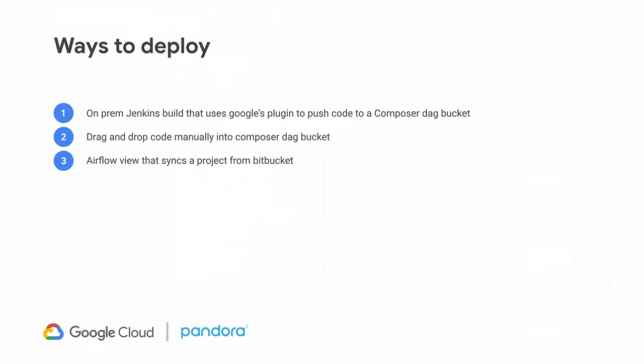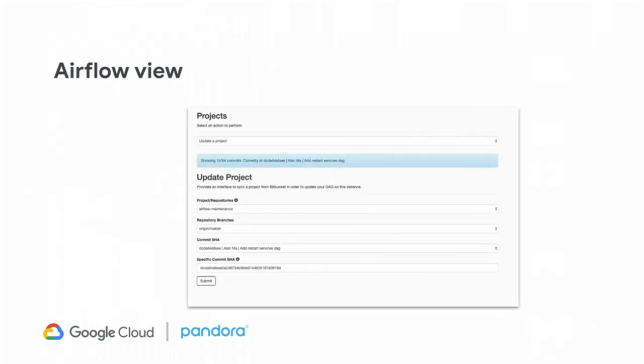But something we came up with at Pandora, because a lot of our analysts are not really used to command line performance, was a view that would allow them to use a web page to sync a project from Bitbucket. This view looks like this. And this view, when you pulled it up, would go out to our internal Bitbucket repo, and it would pull all of the internal to Pandora, publicly available Bitbucket repositories.